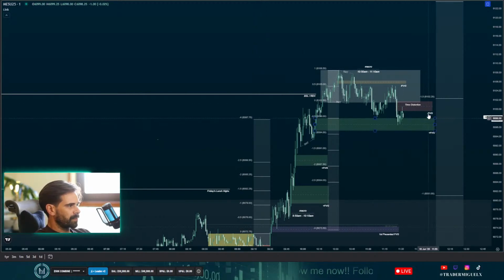Bearish fair value gap being respected to take on its midpoint, but price is in between these two. Price really stopped at minus 0.5 standard deviation as well.